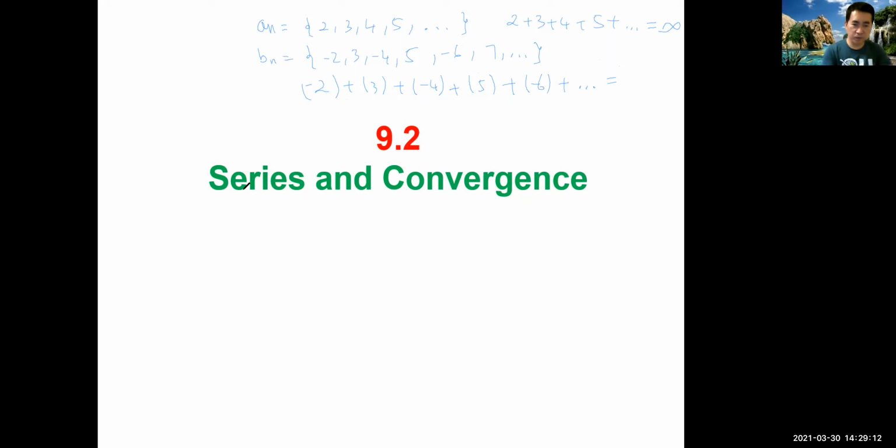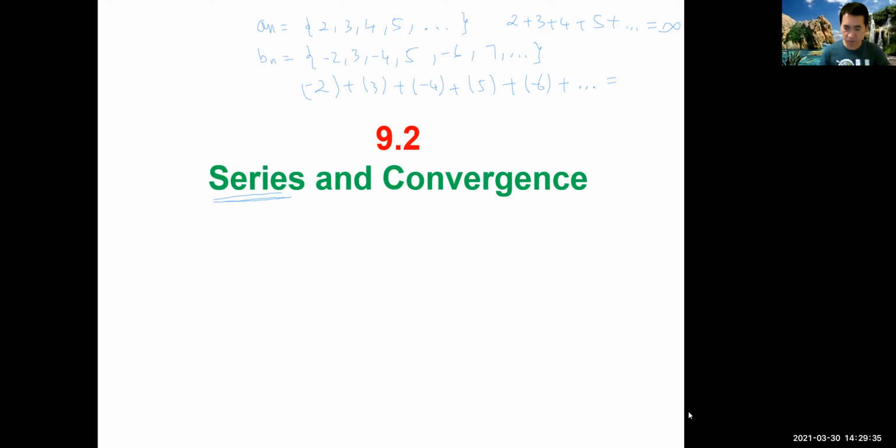So let me give you a definition first. When I say a series, I mean the sum of all the terms in a sequence. If the series has a finite sum, the series is said to be convergent, otherwise divergent.